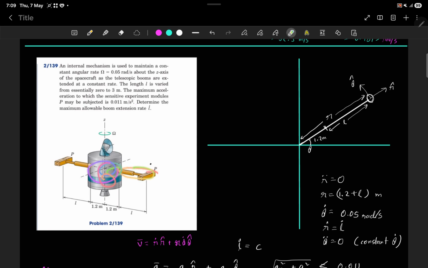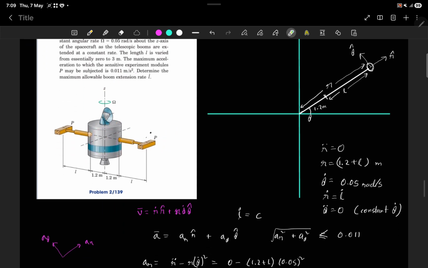So slowly at a constant rate, this is coming outward, and initially this was at 1.2, and this L varies from 0 to 3, which means at the maximum position this is 3. So it will slowly get out of this satellite, at a constant rate. Okay, so this is given to me.